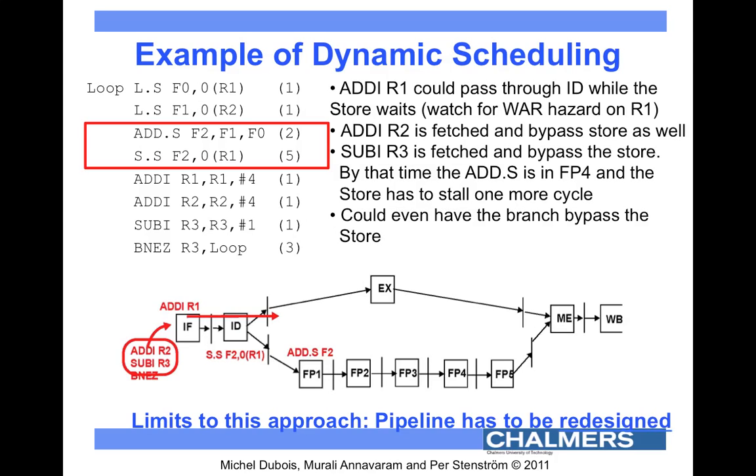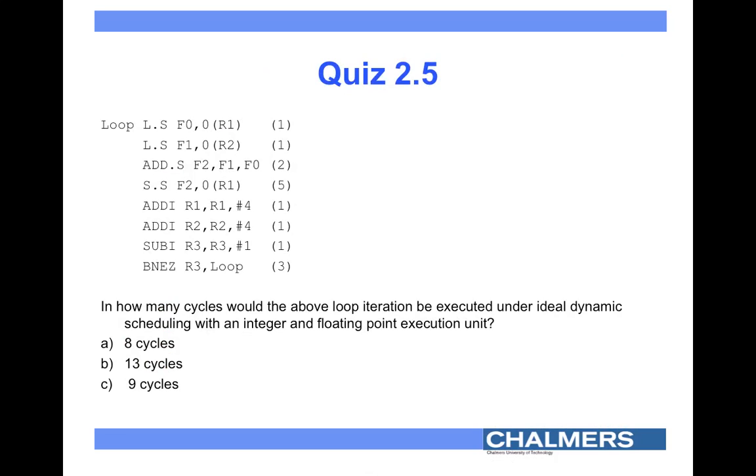We would like to go beyond that limitation, so we're now going to look at a redesigned pipeline to allow more concurrency between instructions. But before we do that, let's look at a quiz.